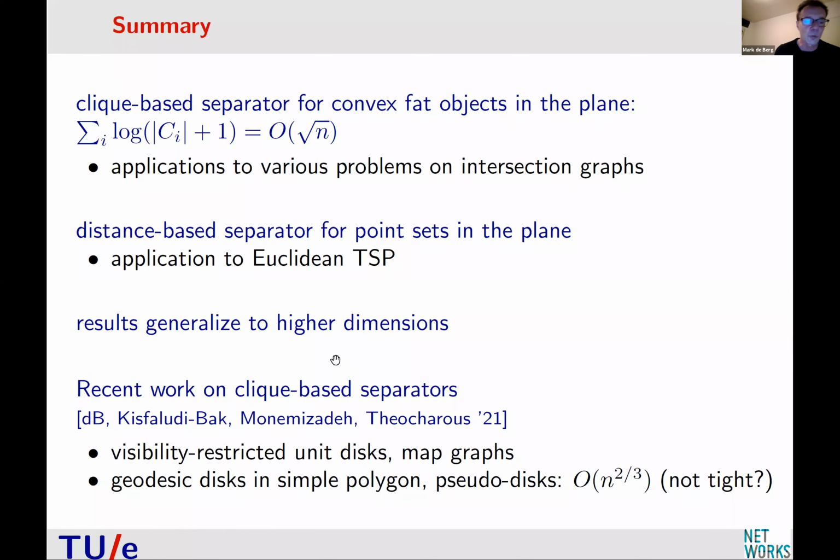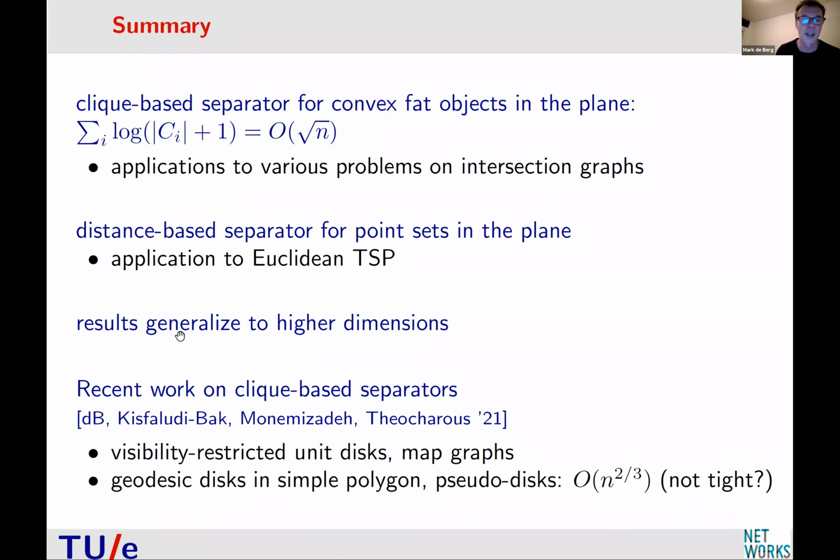Some recent work that we did was, what happens if I generalize even further? I started with planar graphs, or in other words, graphs of touching disks. Then I went to intersection graphs of disks, so the disks could intersect. But now what if you have pseudo disks? Actually, we don't really know.